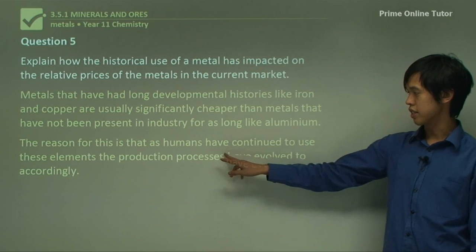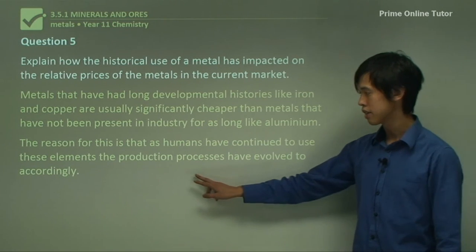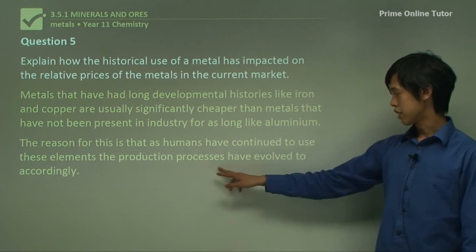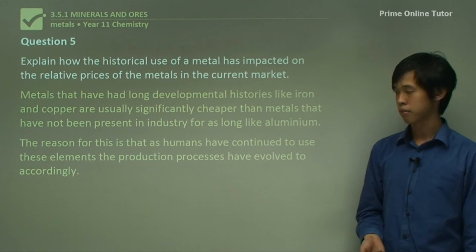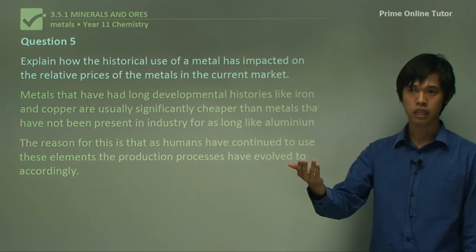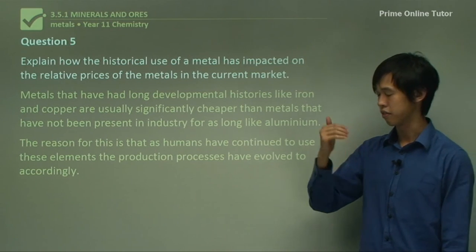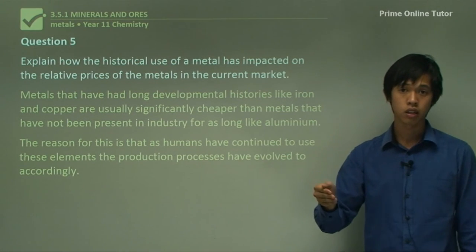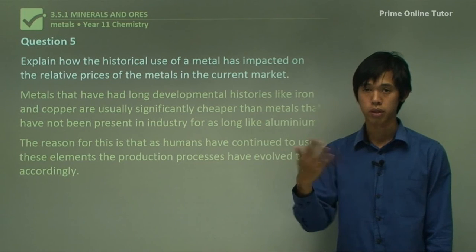The reason for this is that humans have continued to use these elements, and the production processes have evolved accordingly. As we've continued to use them, the processes that go into refining the copper and iron have actually evolved as well. They've gotten better.